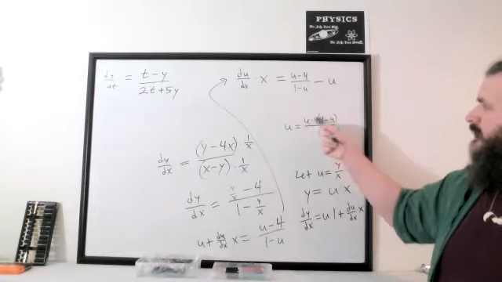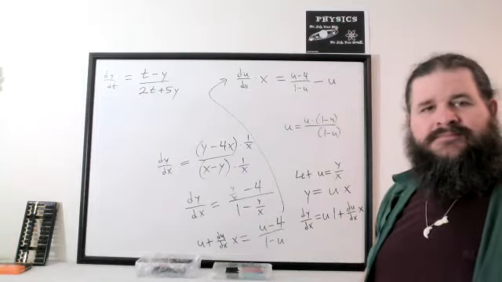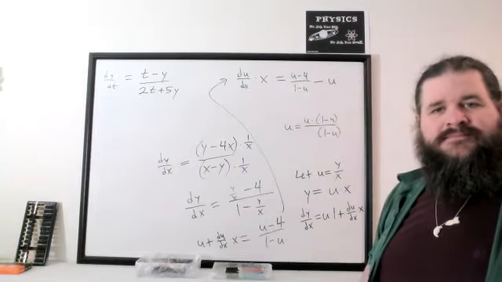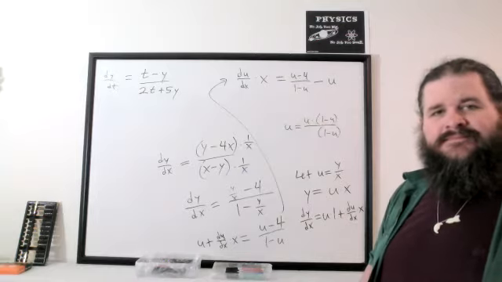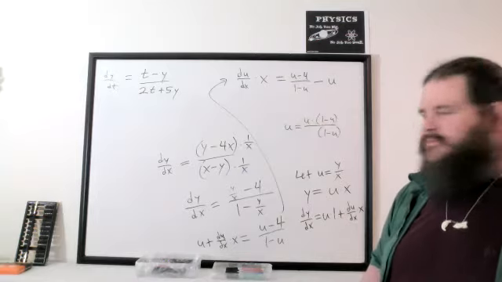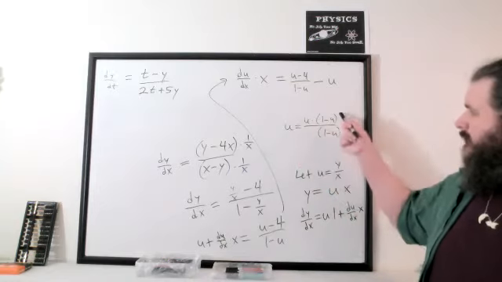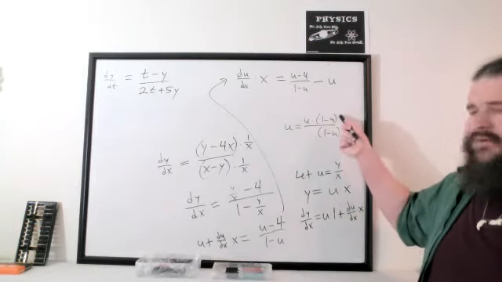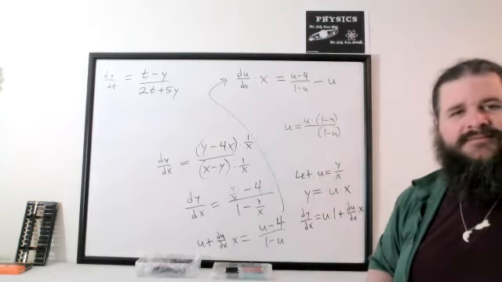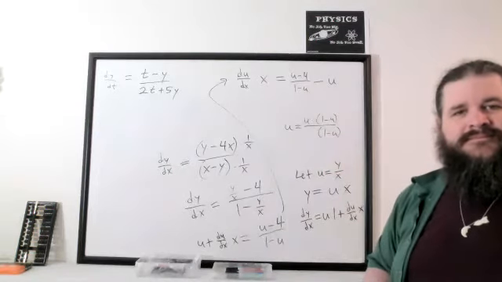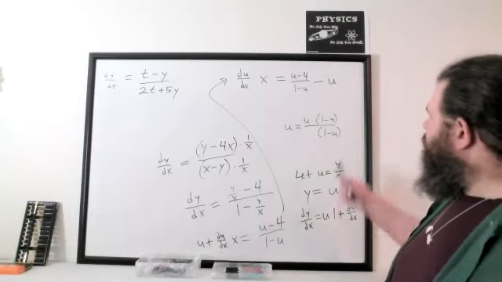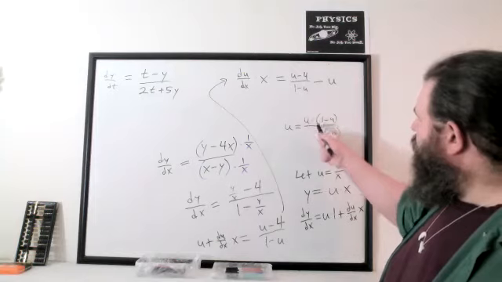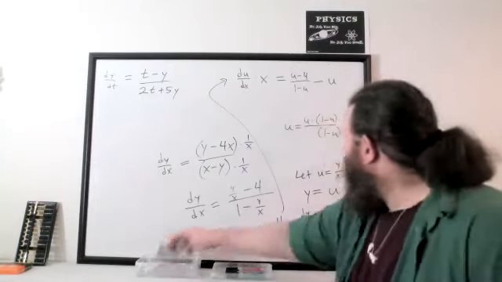So what would this actually turn into? If we multiply u by 1 minus u over 1 minus u, what's the new denominator, the new numerator? One minus u squared. Yeah. So we've got 1 times u times u.